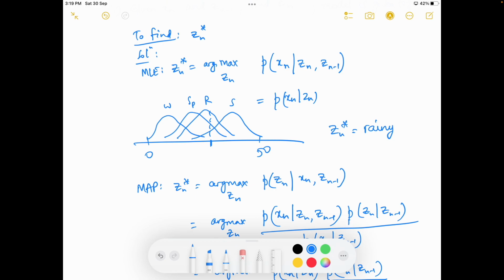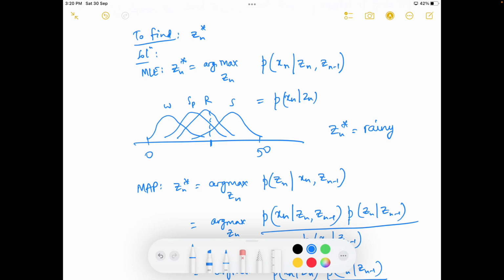I will not simply accept rainy. I will take the probability of rainy given yesterday was summers. This quantity is, let's say, 0.5, multiplied by the probability of rainy given summers, which was 0.1. Then take summers, this value, multiplied by the probability that yesterday was summers and today is summers again, which is 0.9.